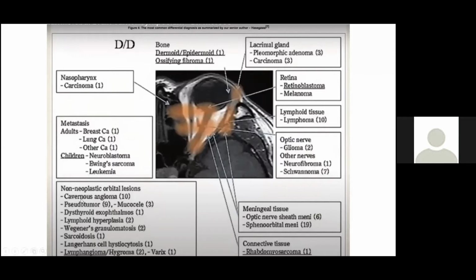And then all these non-neoplastic orbital lesions, a lot of them are inflammatory. A lot of the inflammatory lesions are often bilateral, but there's something called orbital pseudotumor, which is an inflammatory process, and that's usually unilateral. It's actually the most common orbital inflammatory lesion. And then sarcoidosis is also one to not forget. And finally, metastases can arise from anywhere.